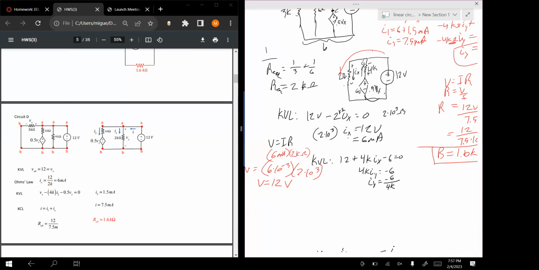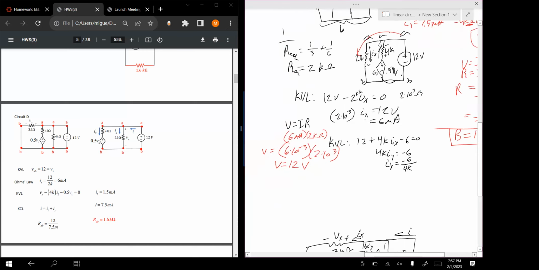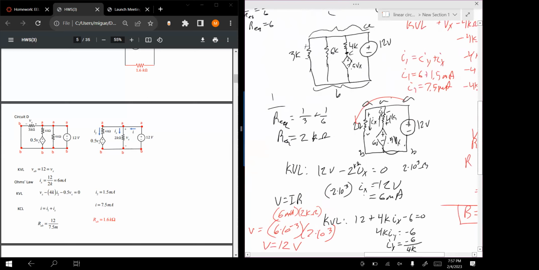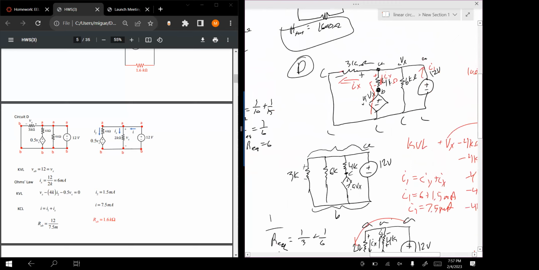Now, what we did then is we said, okay, because this is node A up here and this is node B, and this was a resistor in parallel, we know that if this has voltage Vx across it right here, then this over here should also have voltage Vx across it because they're in parallel, right?